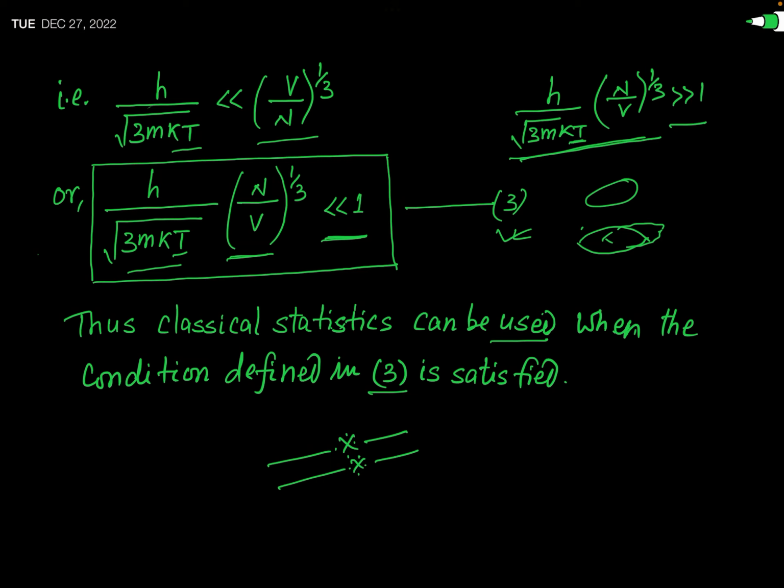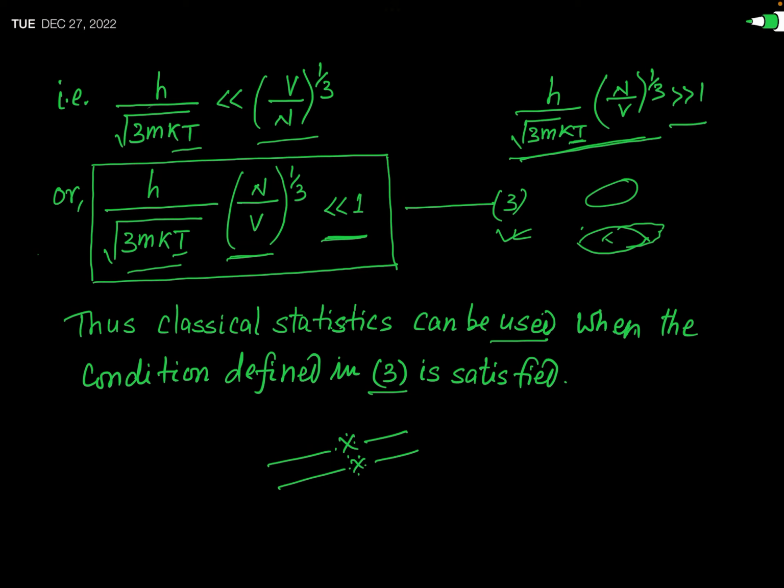In that condition, we should apply quantum statistics for the gaseous system. So for a gaseous system, we can apply both classical statistics and quantum statistics, but it depends on whether our gas is at low temperature or high temperature.